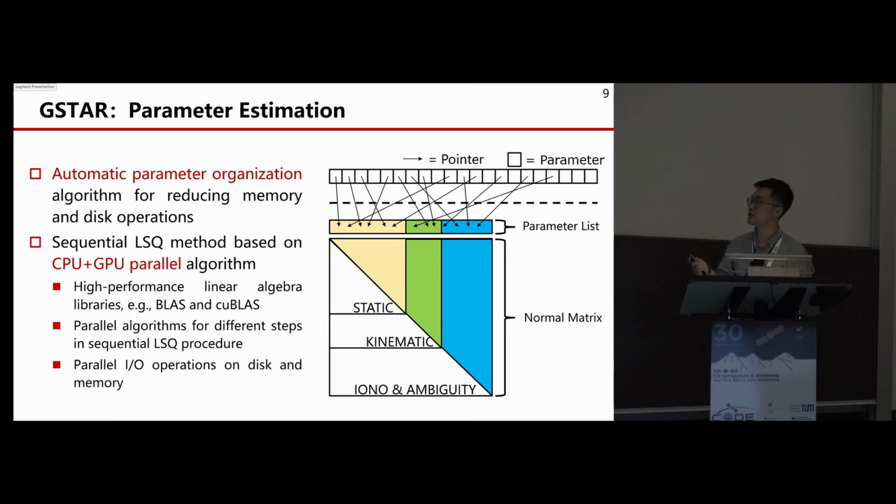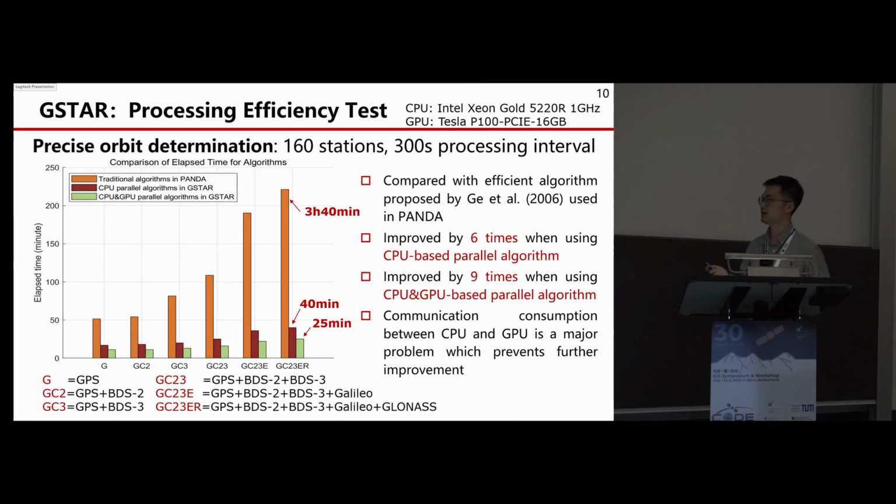Second, a sequential least squares method based on CPU and GPU parallel algorithms is proposed, which includes high-performance linear algebra libraries, for example, BLAS for CPU and CUBLAS for GPU.